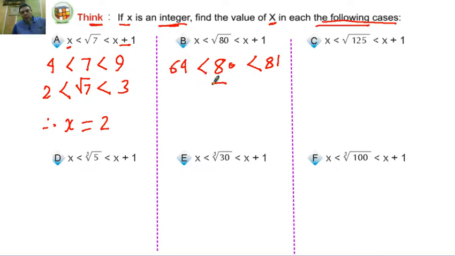By taking the square root of all three sides, square root of 80 is greater than square root of 64, which equals 8, because 8 multiplied by itself is 64, and less than square root of 81, which equals 9, because 9 times 9 equals 81. Then the square root of 80 is between two integers, 8 and 9. Then x equals the first number, x equals 8.